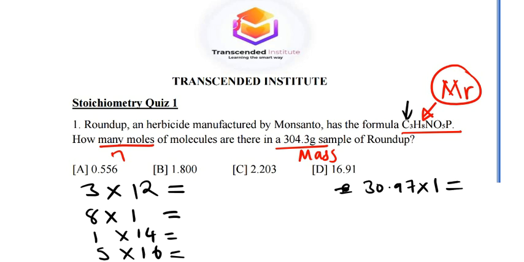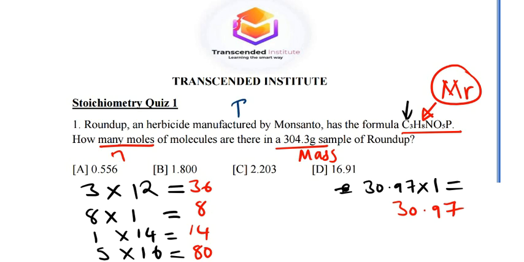So what you want to do there is 3 times 12, you begin multiplying, right? That's going to be 36, that's going to be 8, that's going to be 14. 5 times 16 is going to be 80, and then that will just be 30.97. So grab your calculator and add all these to determine the molar mass.